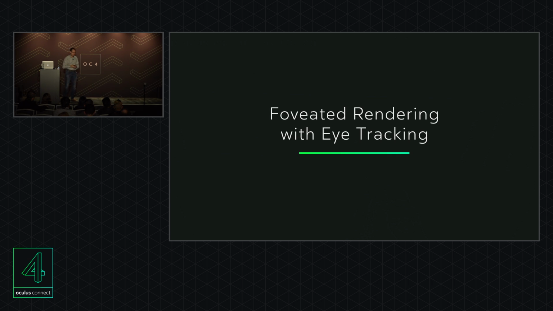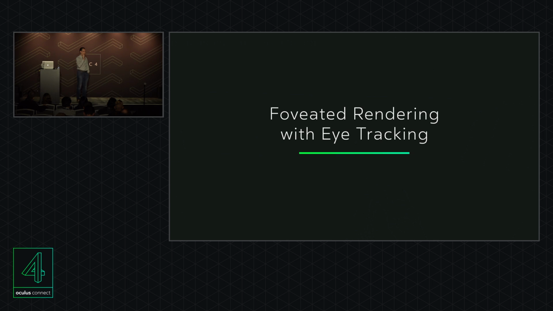So far, we talked about lens-matched solutions. The most interesting part is applying this foveated rendering approach with eye tracking. With eye tracking, as discussed by Michael Abrash and others, you have the ability to figure out where the gaze direction is very, very quickly.